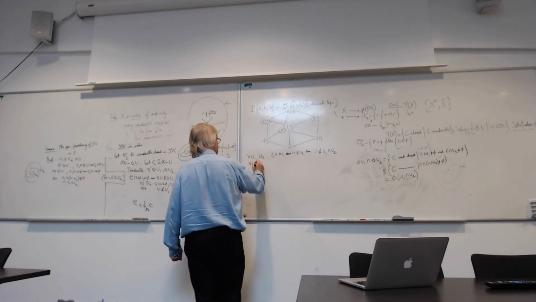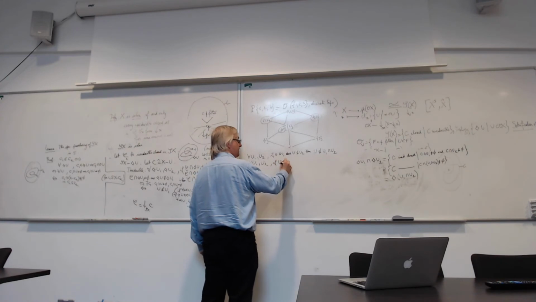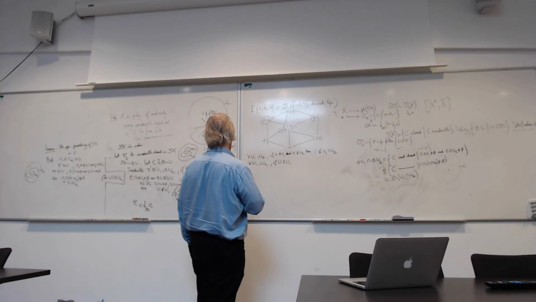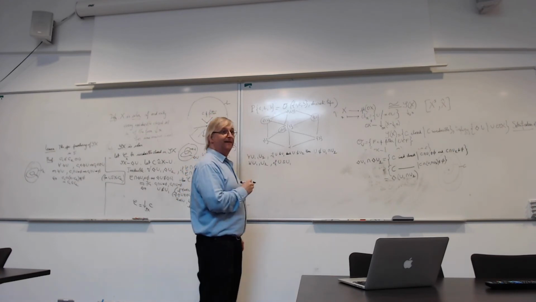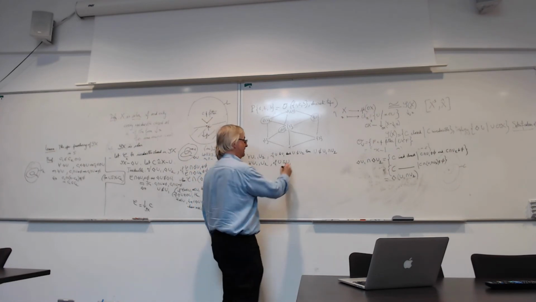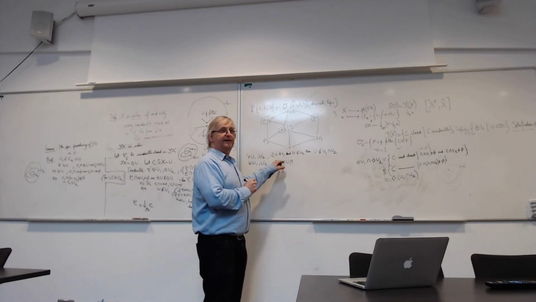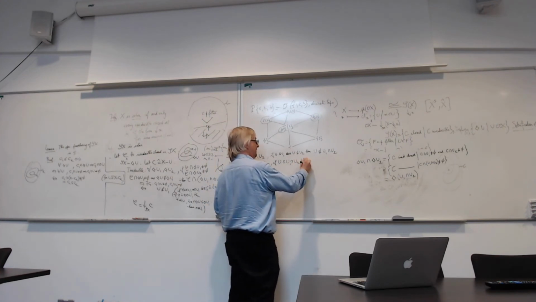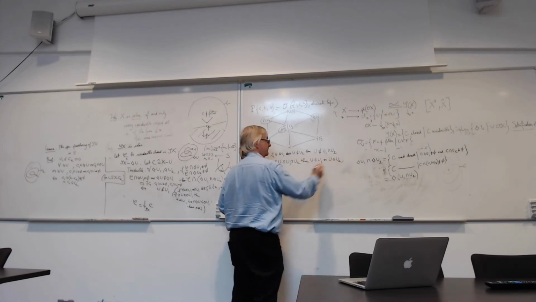That means that if you take any two open sets, if U is included in U1 inter U2, then U is included in U1 or U is included in U2.